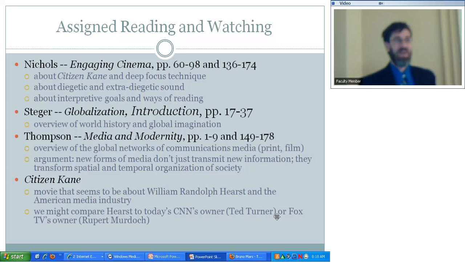The life story of Kane seems very, very similar to the real life story of William Randolph Hearst. And Hearst has a big castle in California, just like Kane had a big castle in Florida. So it seemed to be directly about something real.